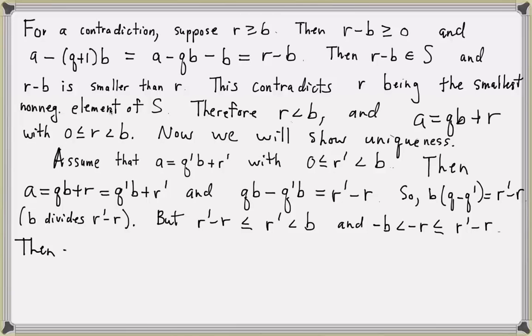Then negative B is strictly less than R prime minus R, which is strictly less than B.